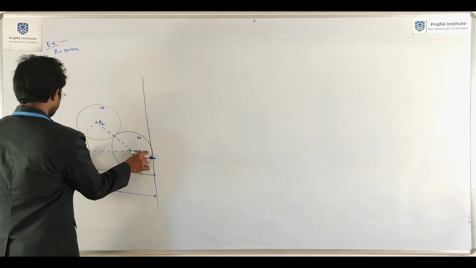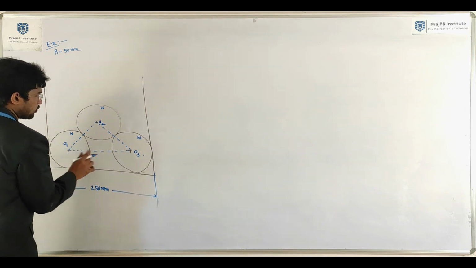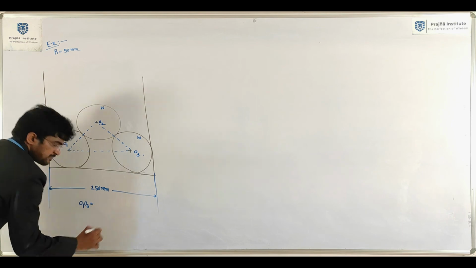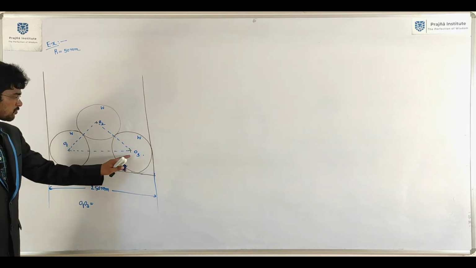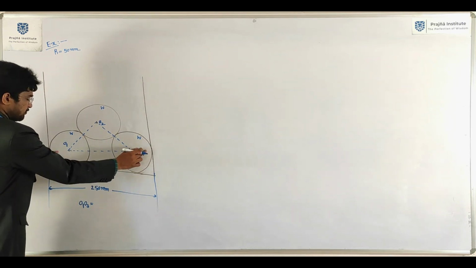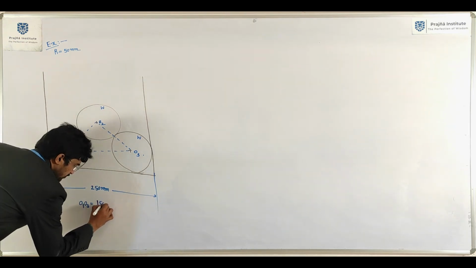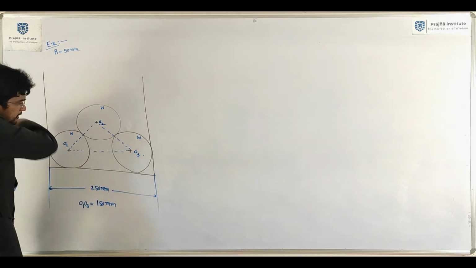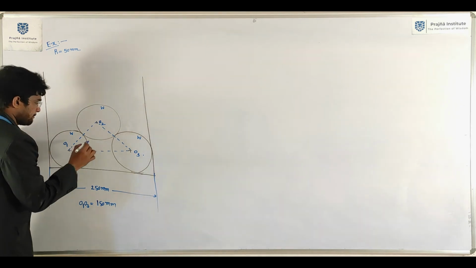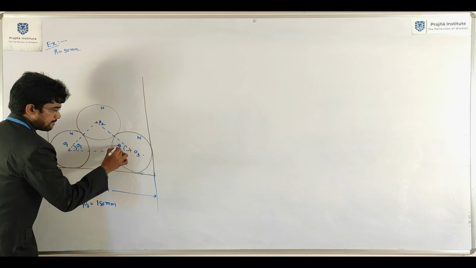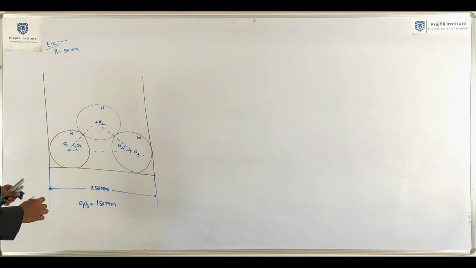50, 50. Then O1 O3 will be 50, 50, 100. It will be 150 mm. Okay? Then theta 1, theta 2.